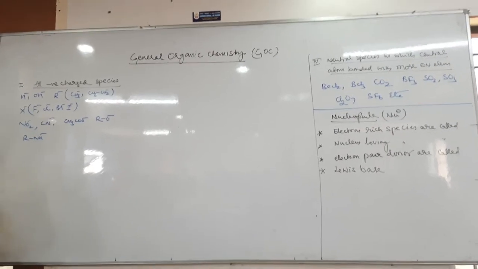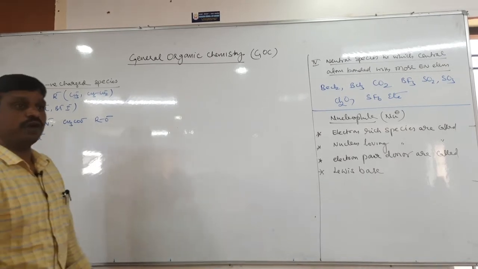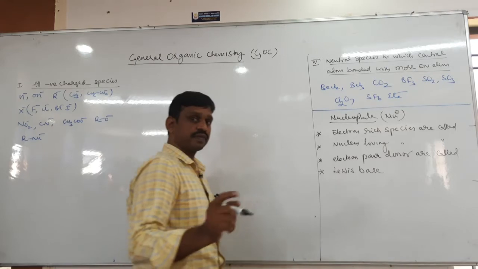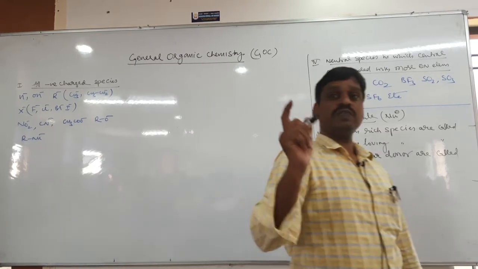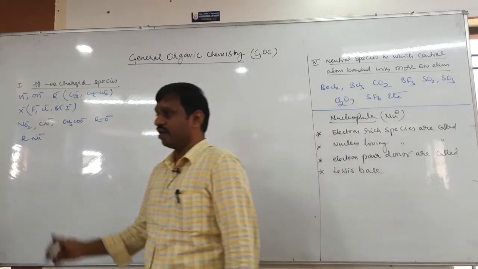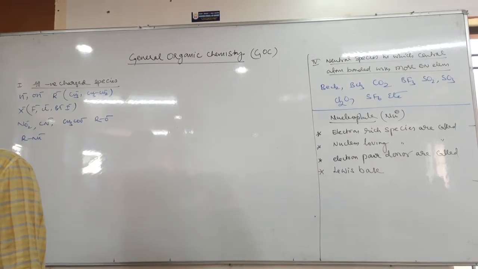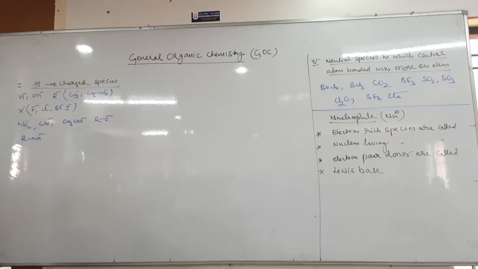Next, case 2. See, in electrophile, what have we studied as the second case? The neutral species in which the central atom has less than 8 electrons. Now here, neutral species in which the central atom has a lone pair of electrons, one or more lone pairs.